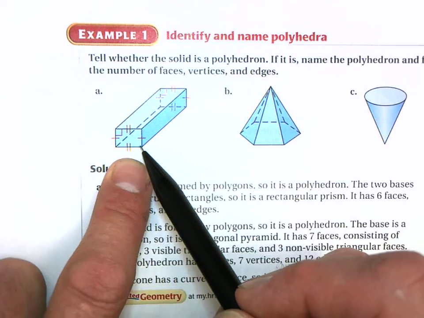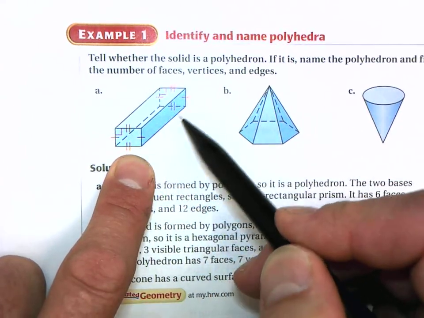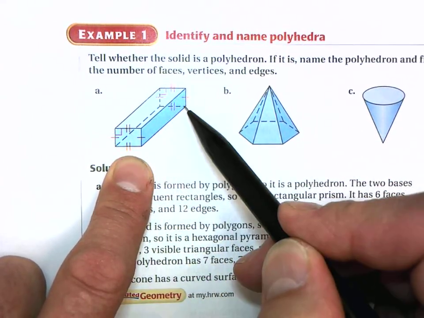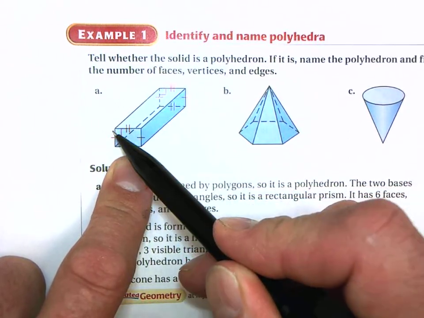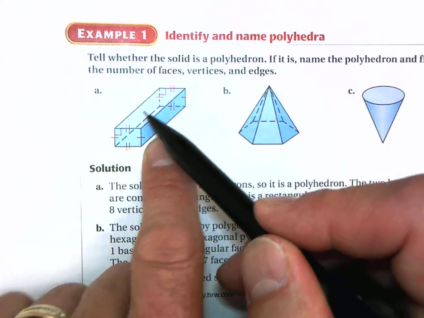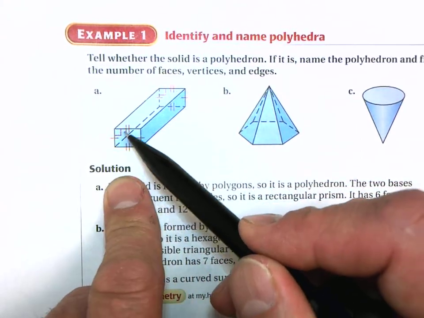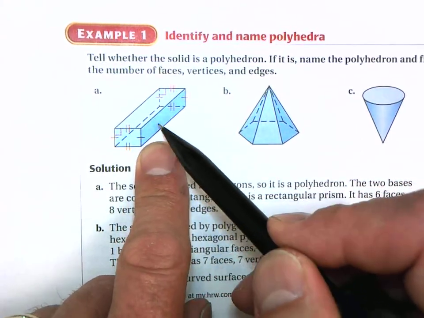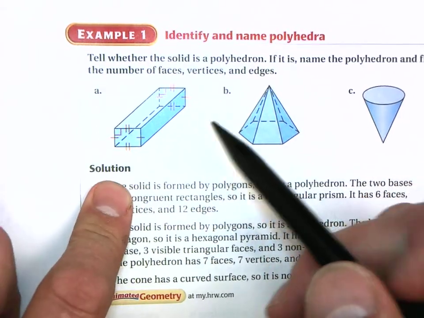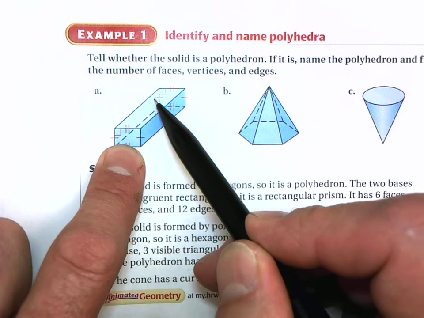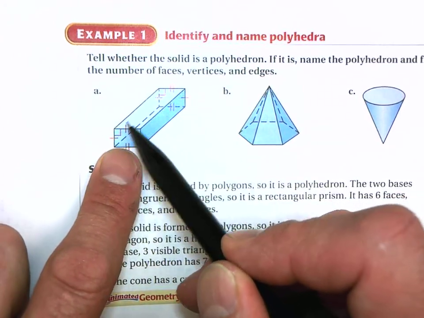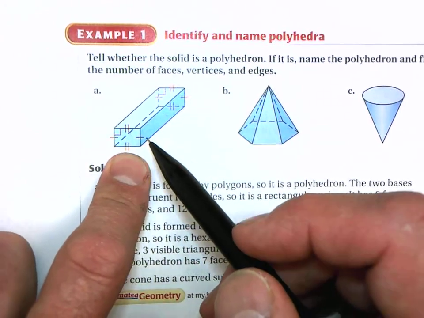So I'm looking here, and we can choose this rectangle as a base, and then there's another rectangle on top of it, and it appears that these are parallel and congruent, so it has two bases. You know what, I probably should have begun with looking at each of these sides and confirming that each of these sides are indeed polygons.